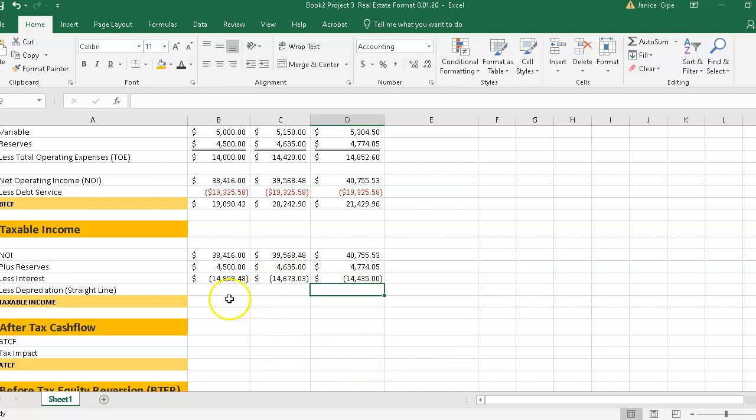So now we're going to calculate the depreciation rate.